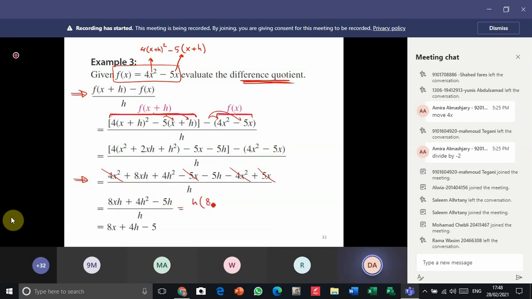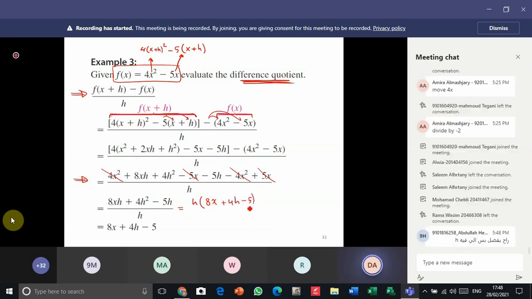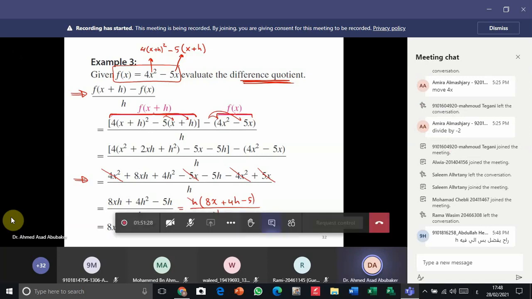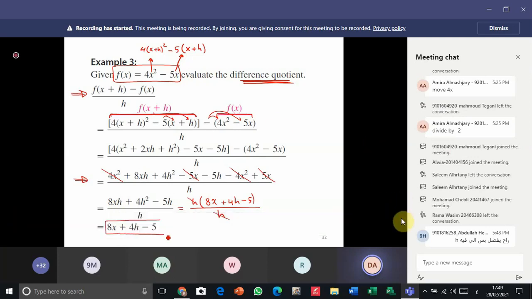So we have 8x plus 4h minus 5, over h. We can remove h with h, the h in the denominator. So we have 8x plus 4h minus 5. This is the difference quotient for f of x, using this formula.